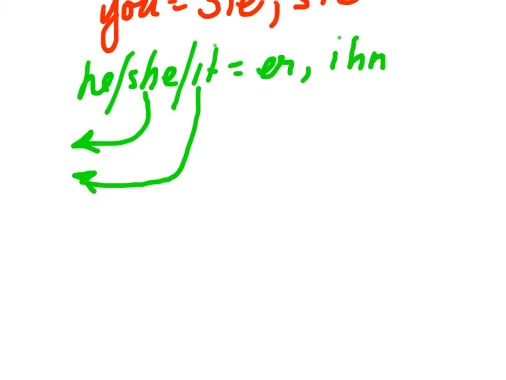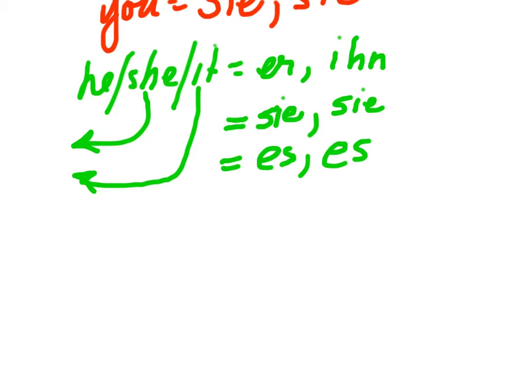Ich sehe ihn. Ich sehe ihn. She, which is sie, changes to sie. Well, that's easy. I see her. Ich sehe sie. And it, which is es, ich sehe es.